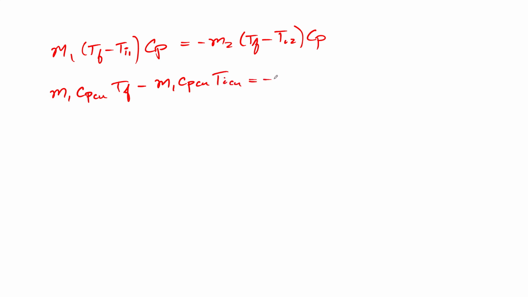That's equal to the negative mass 2 and Cp of water, times final temperature of water, plus M2 Cp of water. Let me put H2O down here because that's what we're dealing with. Initial temperature of H2O. We said mass M1 is equal to 10. M2 is 100 grams, I believe.